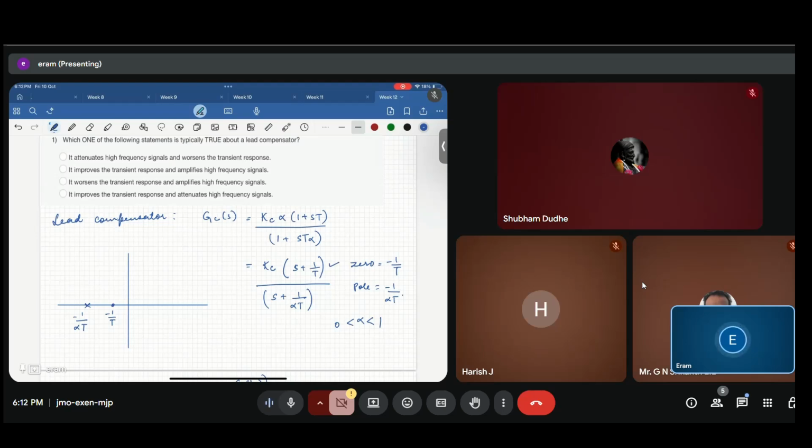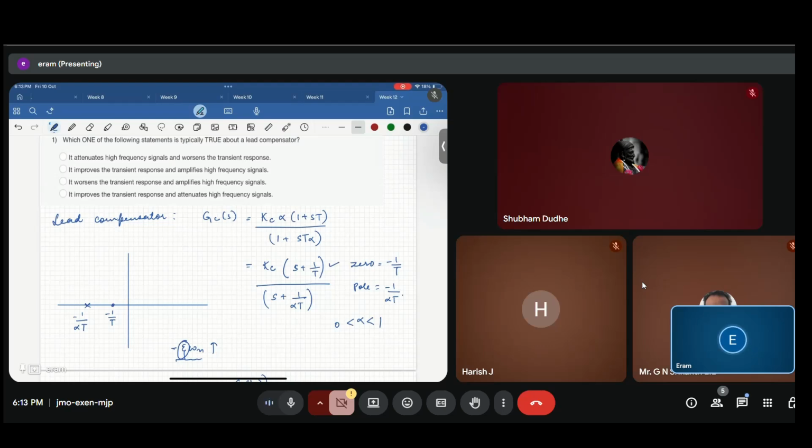If we have a pole which is away from the origin, that means our minus zeta omega component will increase in magnitude. It means that zeta is going to increase, damping is going to increase. So we have increased damping, which means there will be less oscillation in the response.